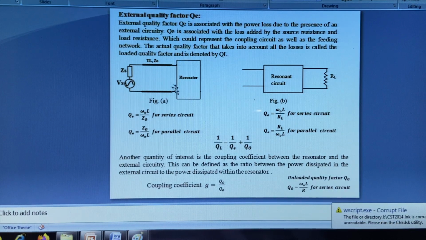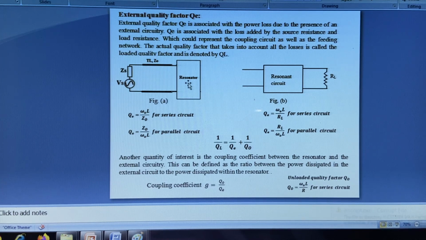Now considering the source, assuming the characteristic impedance of this transmission line is equal to the source impedance ZS, the external quality factor is given by omega naught L divided by Z naught for a series circuit, and QE is equal to Z naught divided by omega naught L for a parallel resonator circuit.